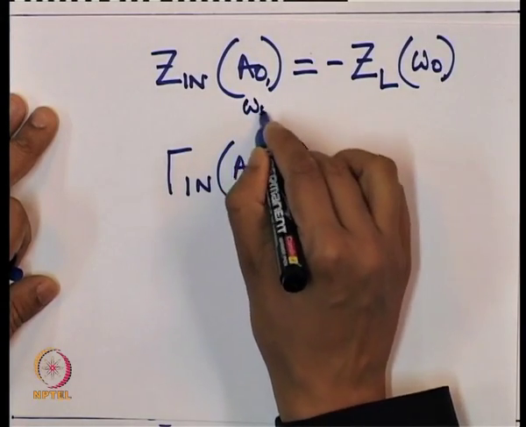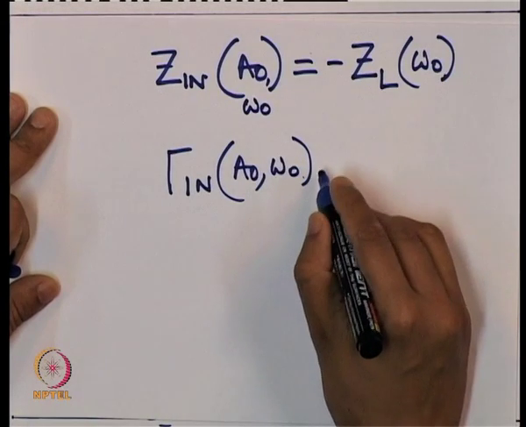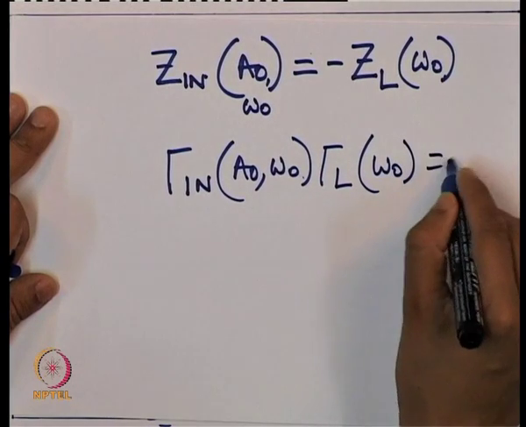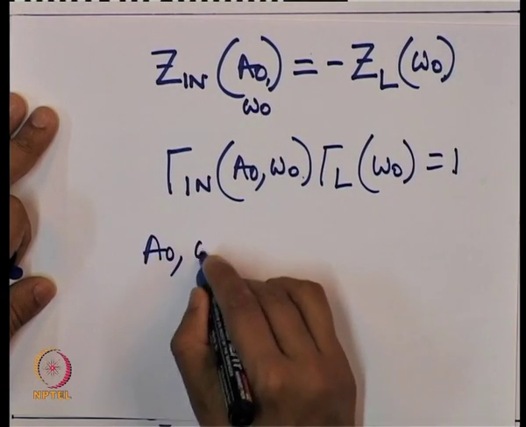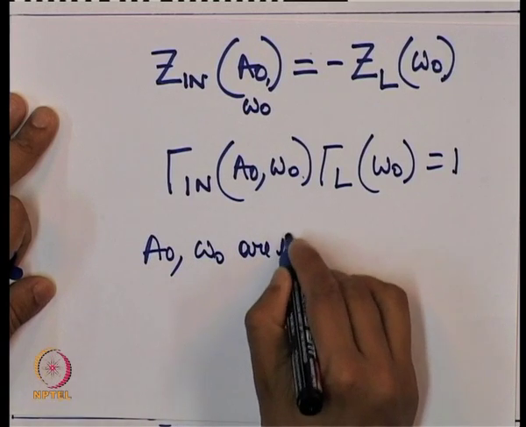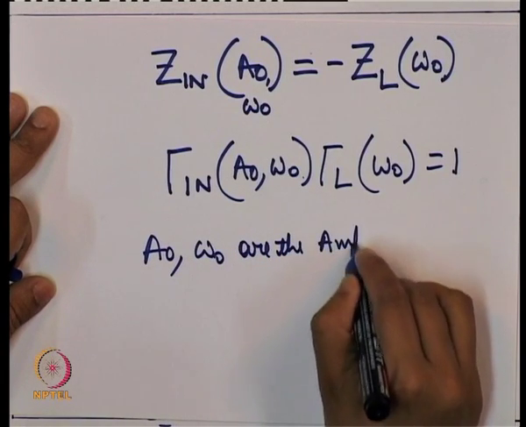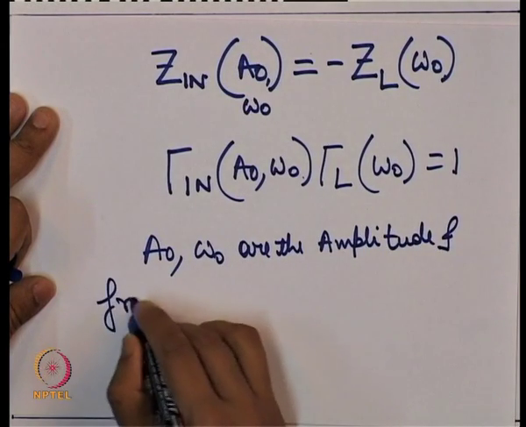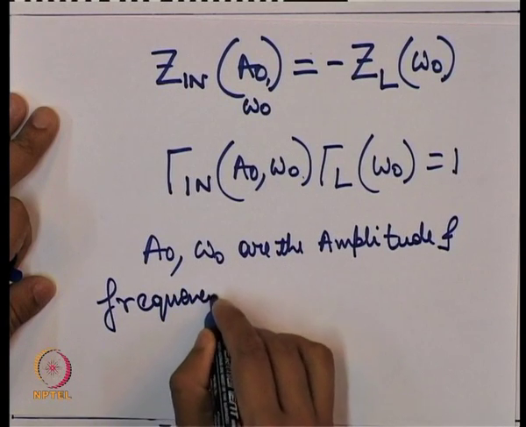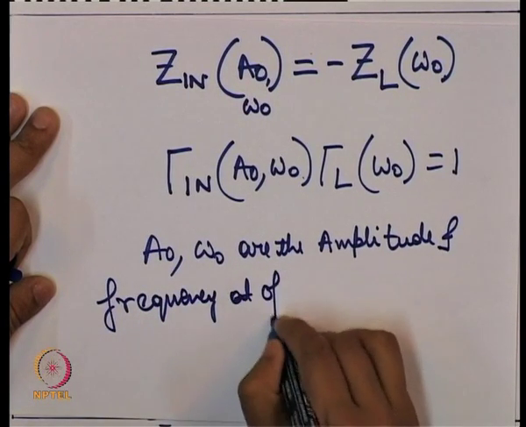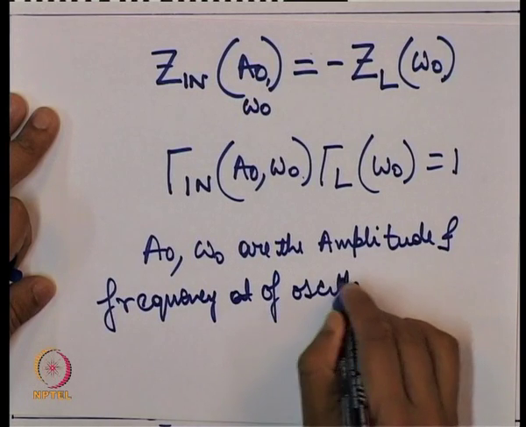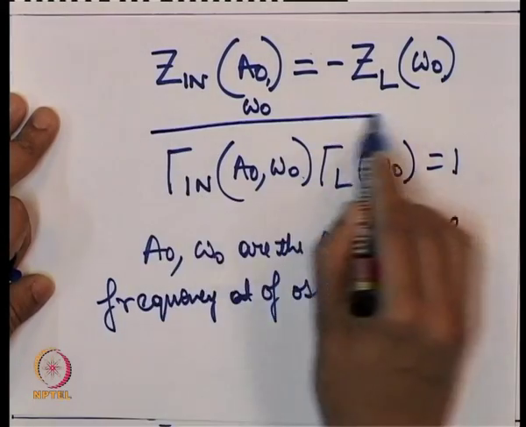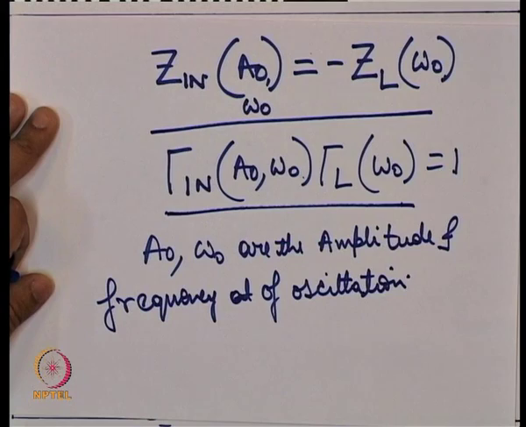Actually I should have put omega 0; Zin might also be a function of omega 0, that is the frequency of oscillation. Here A0 and omega 0 are the amplitude and frequency of oscillation. This is the amplitude and frequency at the oscillation point, where this condition is satisfied.